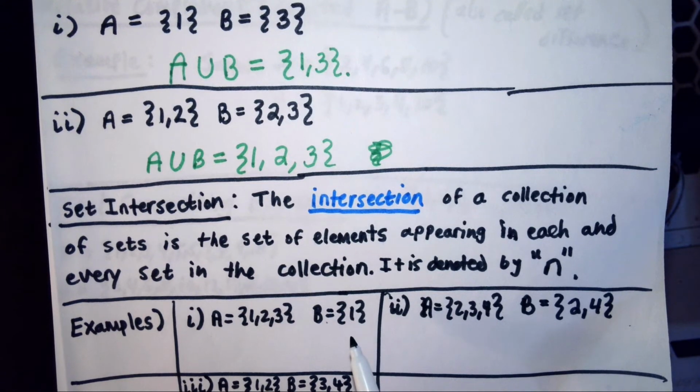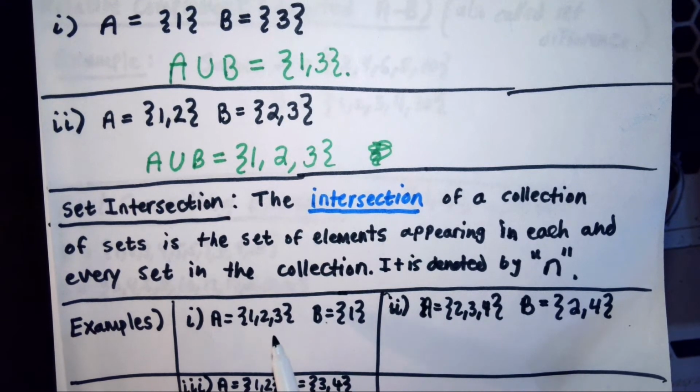Now in this first example, A is the set {1, 2, 3}, and B is the set {1}. The intersection of a collection of sets is the set of elements appearing in each and every set in the collection. So here in our collection of sets, A is {1, 2, 3}, and B is just the set containing 1. Now we want the set of elements appearing in each and every set. So what element appears in both A and B?